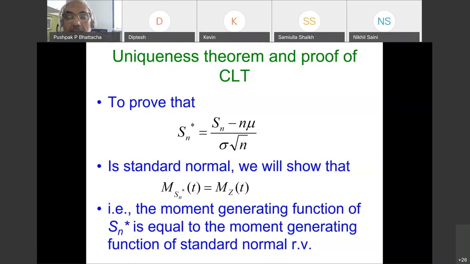Now we can believe the theorem and we can use it to our purposes, as it was used, for example, in the bridge problem. What is the total weight on the bridge? Normally distributed, because each of the cars' weight is also normally distributed.